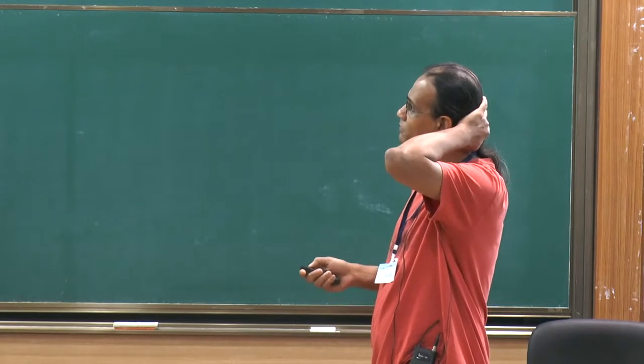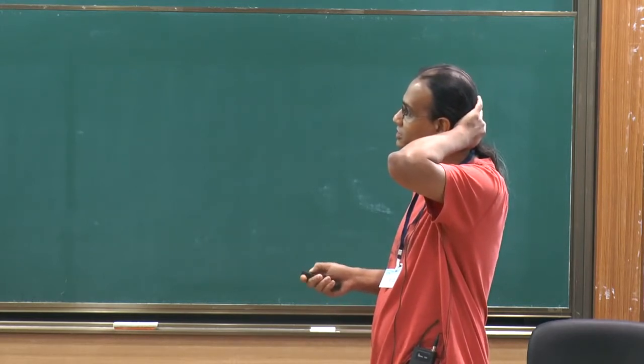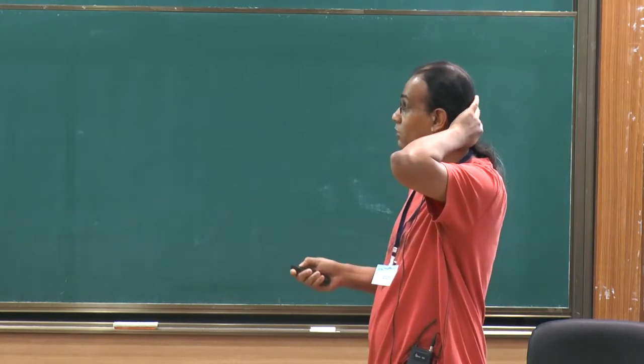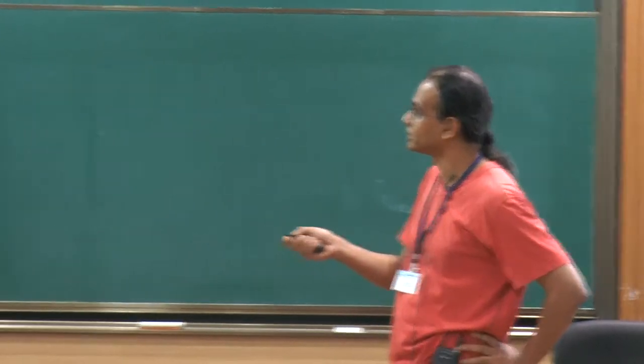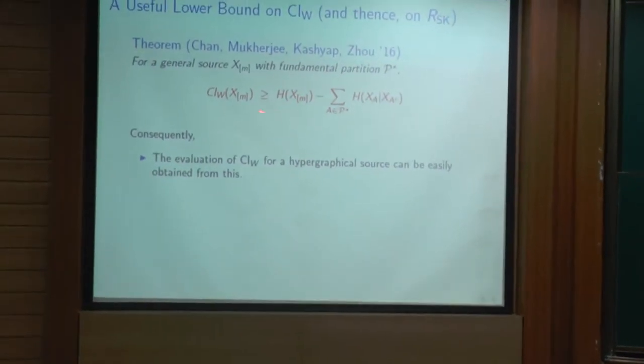For a general source, we don't have exact expressions for the Wiener common information, but we have non-trivial lower bounds. These are not easy to prove. They have a nice final form, but they're kind of non-trivial to prove. This lower bound is proved in an information theoretic fashion, and it uses ideas from Wiener's original paper.